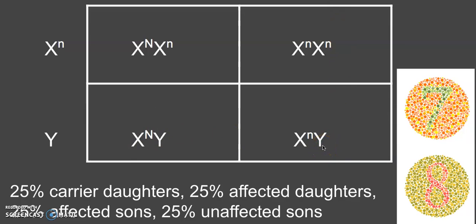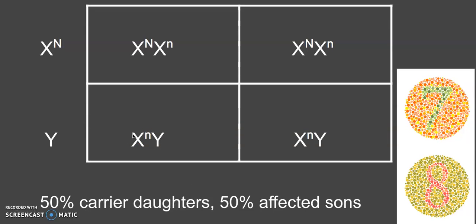So our final phenotypes are that you have 25% carrier daughters who are unaffected, 25% affected daughters, 25% affected sons right here, and 25% unaffected sons. So hopefully you see the difference between that and the inheritance pattern of autosomal diseases.